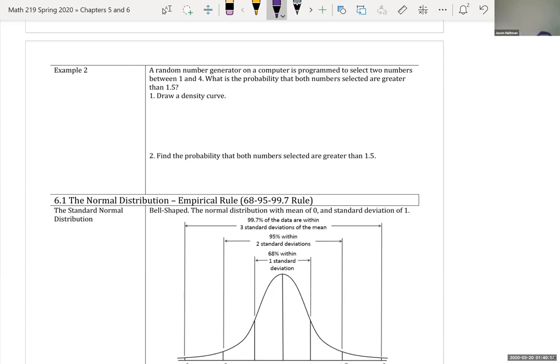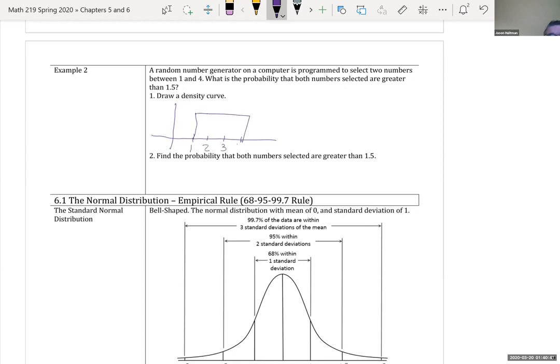Now we're going to assume that you could have decimals: 1.3, 1.7, 1.45. And so this is not going to be discrete. This is going to be continuous. Each value is equally likely to show up. So from 1, 2, 3, 4, I'm going to draw a rectangle.